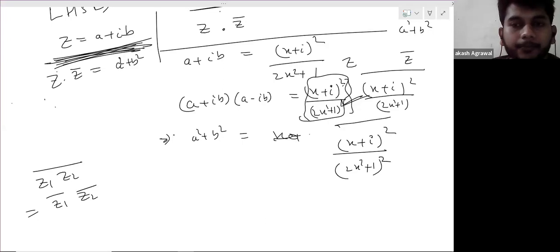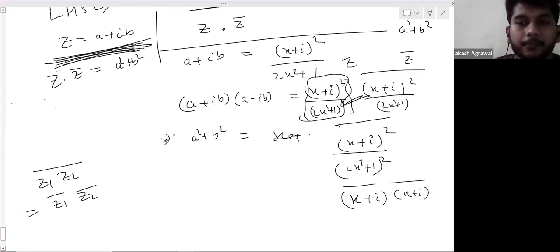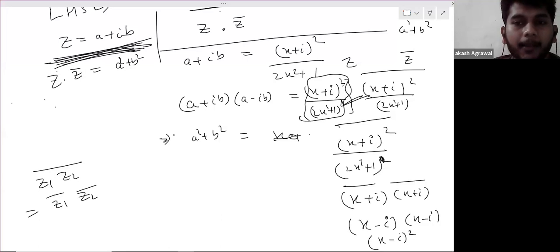Yes or no? Okay, so can I say this is x plus i and its conjugate? So this is x minus i and x minus i, so x minus i whole square. Is this thing clear?